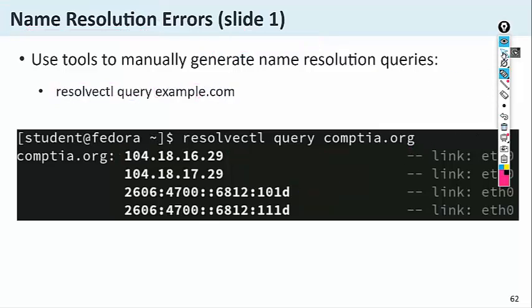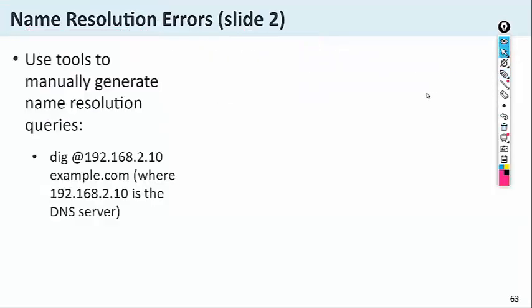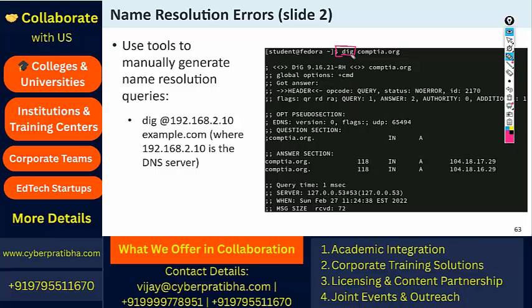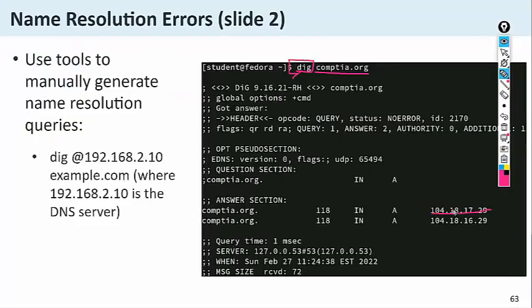Not only the resolvectl command is used; there are other commands for checking name resolution errors. One is domain information groper, or dig. So dig CompTIA.org gives you information related to the IP address, domain name, and record type.